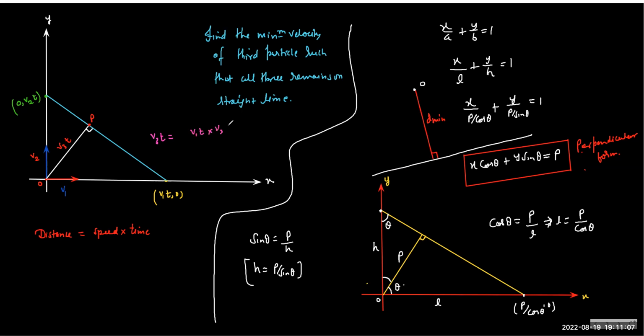V1T into V2T. AB is correct, upon under root of A square plus B square. And T square I'm taking common, so that will become T here. All T cancels. Yes or no? And we have the answer. What is V3? V1 V2 upon under root of.